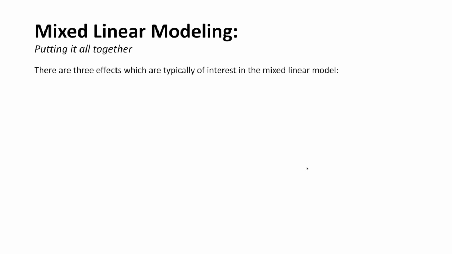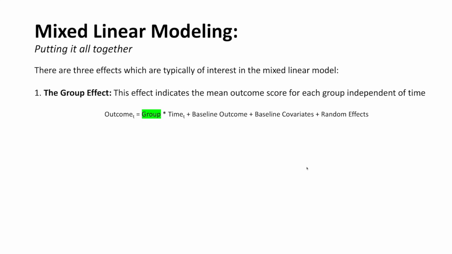All right, so let's put this all together. Typically within an RCT, there are 3 effects that we're really looking at in detail. The first one being the group effect. The group effect indicates the mean outcome score for each group independent of time, meaning that independent of the different time points, what are the differences between groups? So it's the average score across all time points for each group.